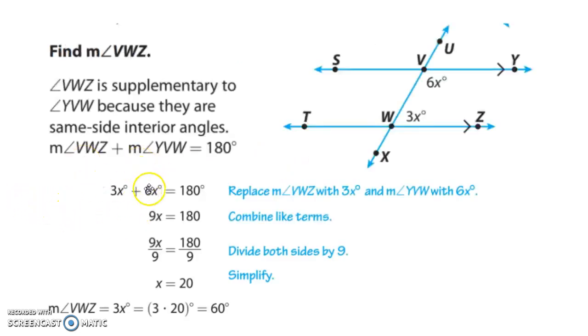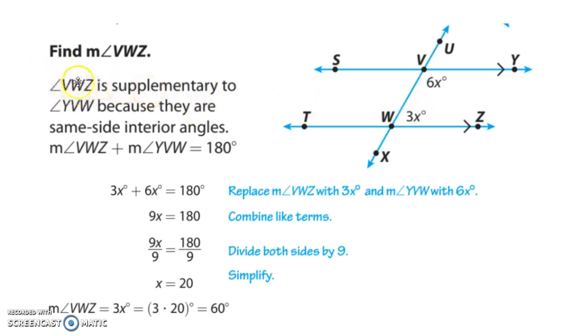Now here's an example with some calculations that you can put down in your notes. I would highly recommend drawing this and writing this down. In this example, instead of saying angle W, they're saying angle VWZ. It's still the same thing.